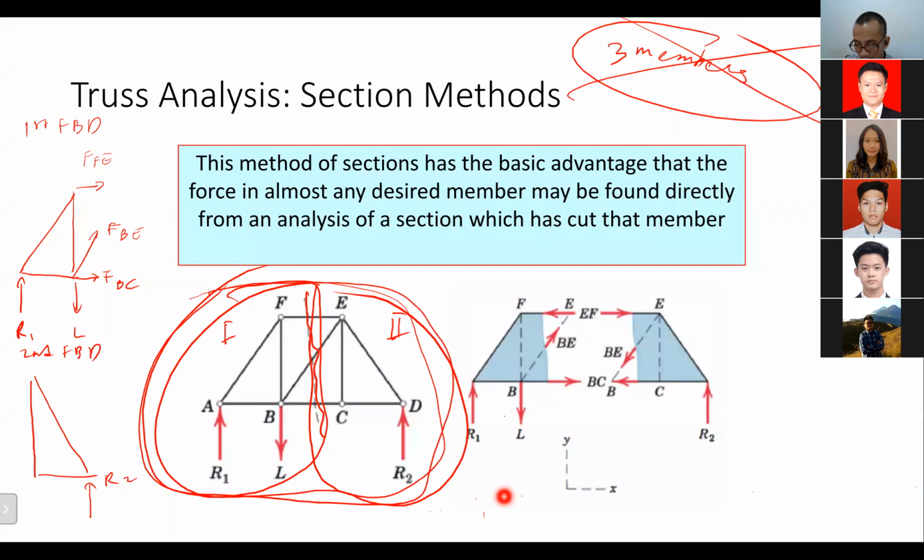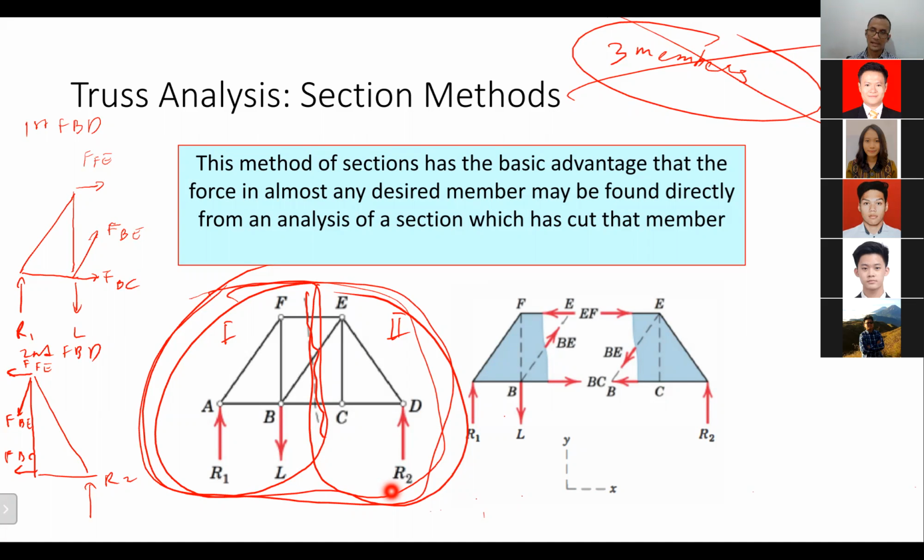Because I assume all the cut members as tension members, here I have to assume the same. FEF, FBE, then FBC. Something like that. So this is the second method, the section method.